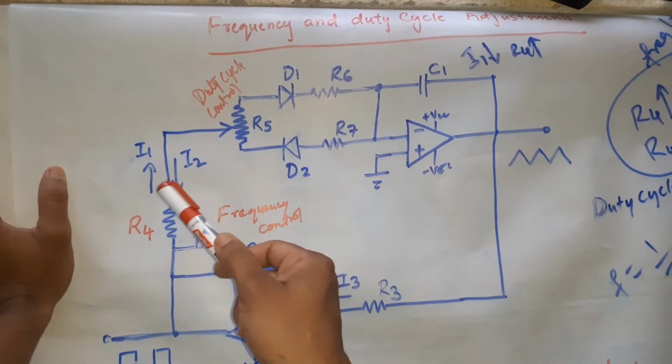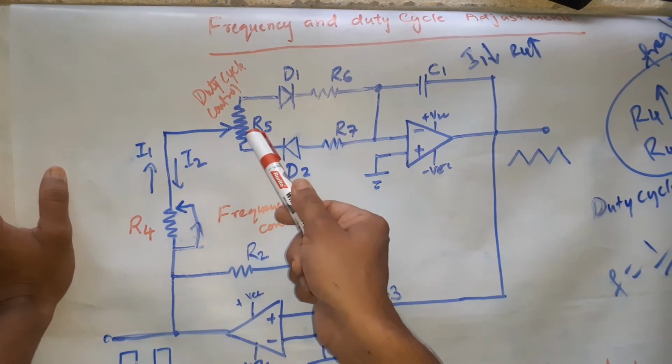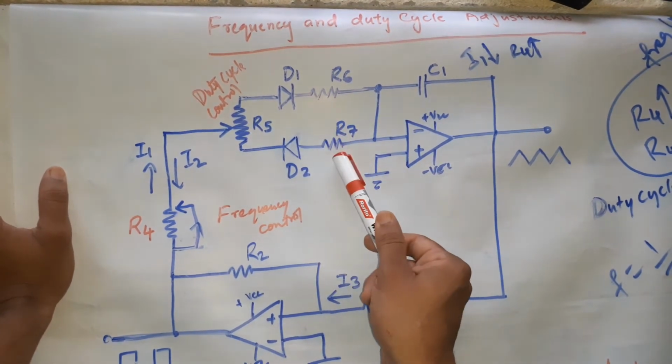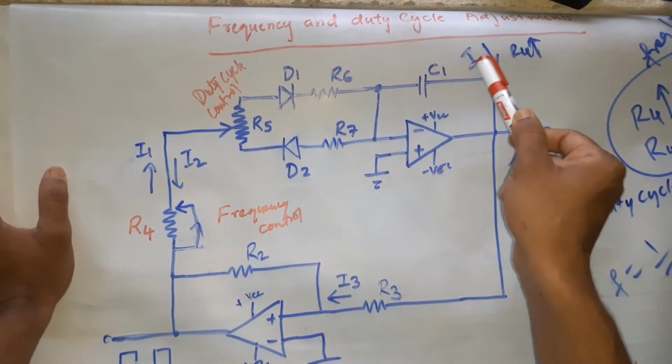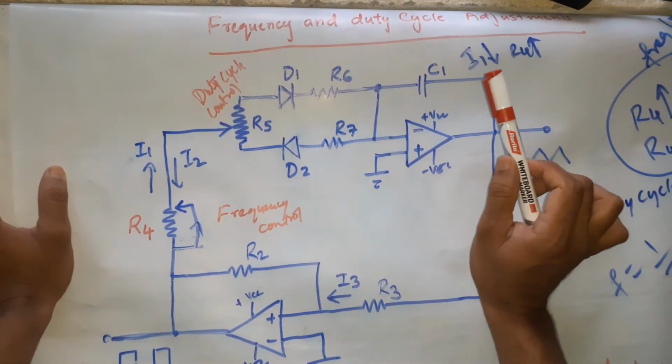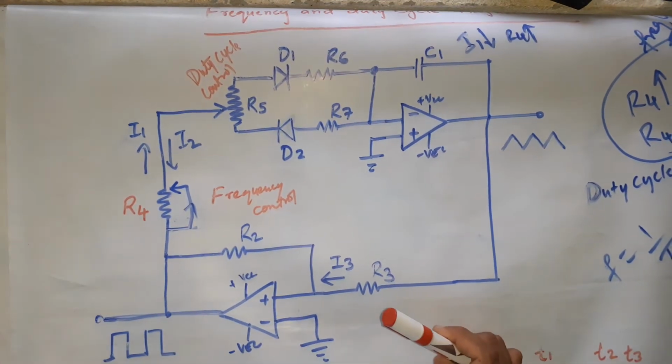So if R4 is having an impact on currents I1 and I2, then resistors R5, R6, R7 also have an impact on your capacitor charging and discharging current. That is, I1 and I2 will be affected by the resistances R5, R6, R7.